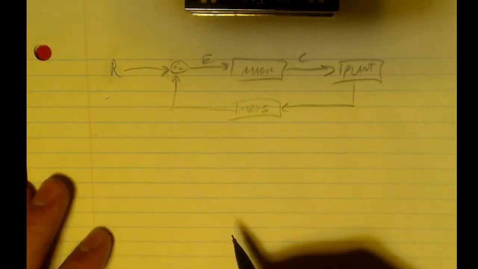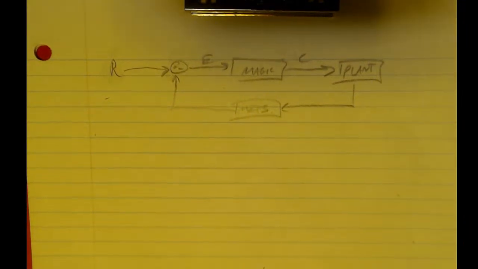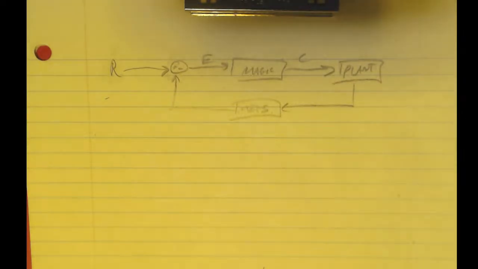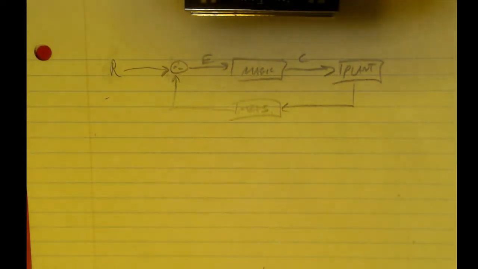Shoot, I think I need to adjust the contrast, or maybe I need to use a darker pencil because this is really hard to read. Let me try adjusting the contrast a little bit. The contrast didn't really make much of a difference. No, that's not the contrast, that's the brightness.